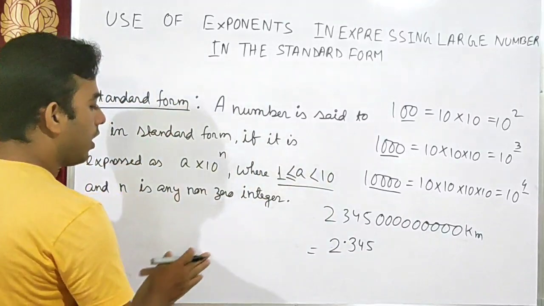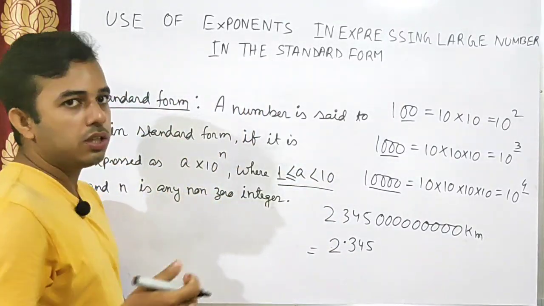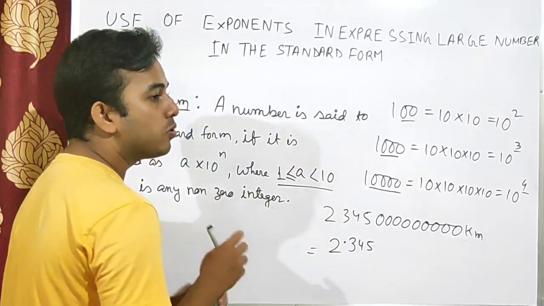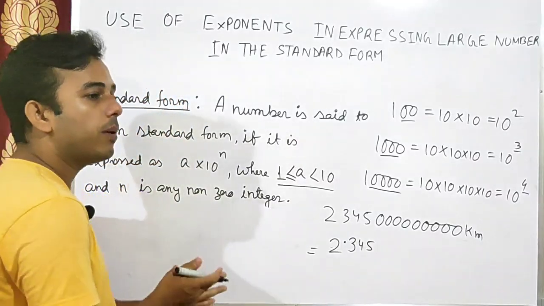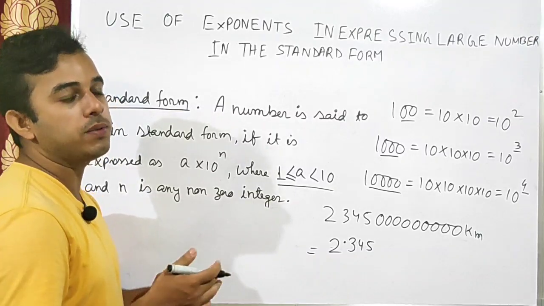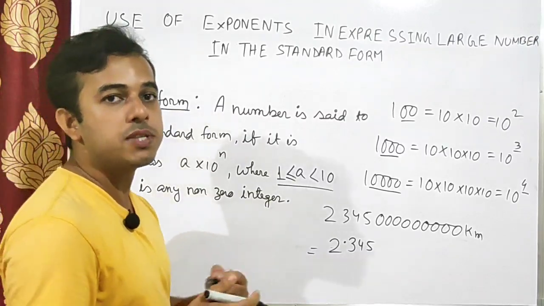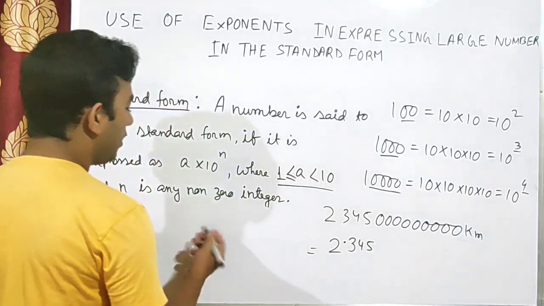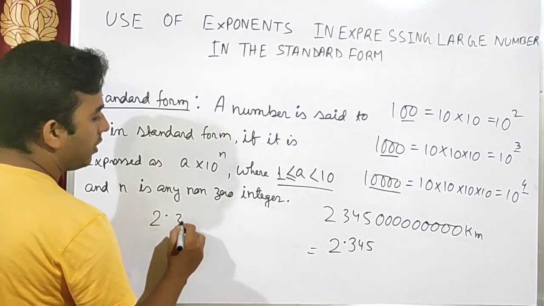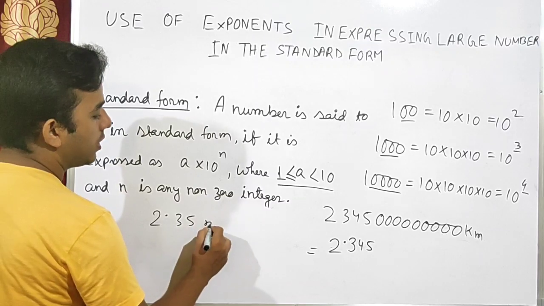Look at one thing. In our previous videos, in the mensuration part, we have solved many problems, isn't it? Suppose there was a problem where one measurement is in decimal point, for example 2.35 meter.